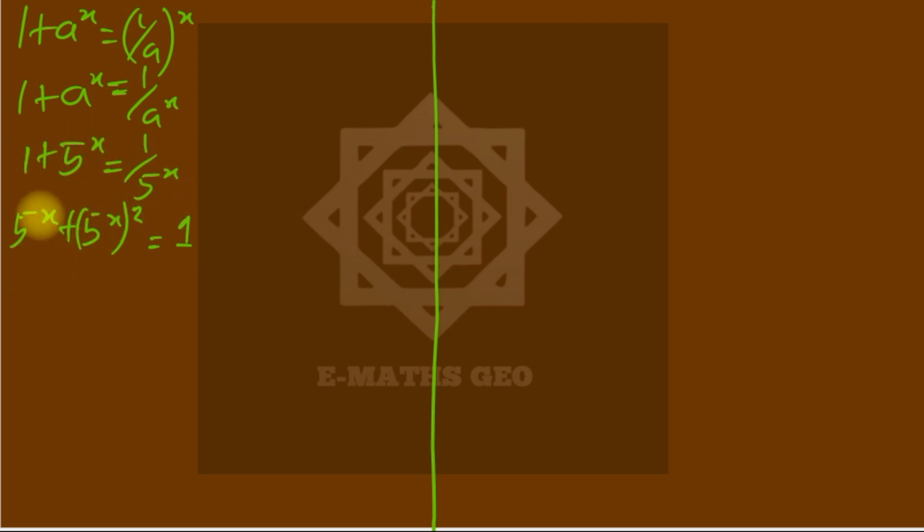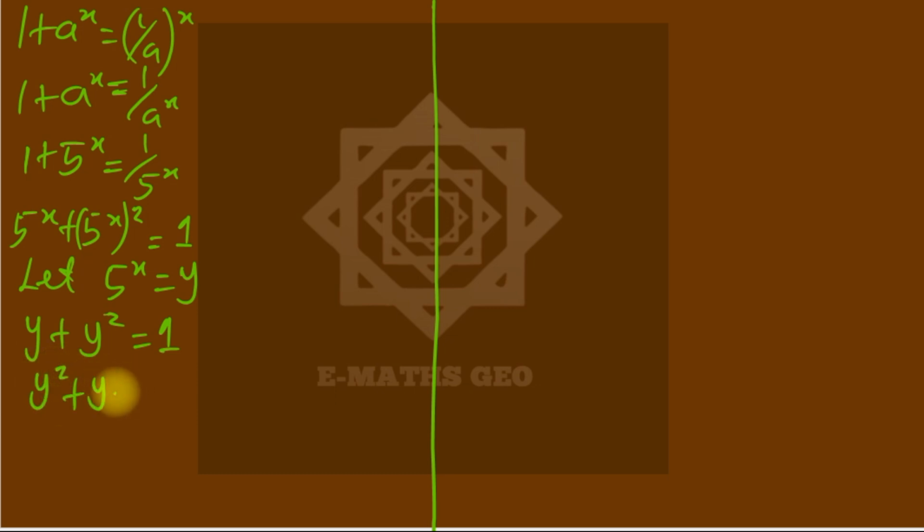So this is a quadratic equation, because if you let 5 raised to power x be y, you now have y plus y squared equal to 1, which is y squared plus y minus 1 equal to 0. So solving using the quadratic formula, y will now be minus b.